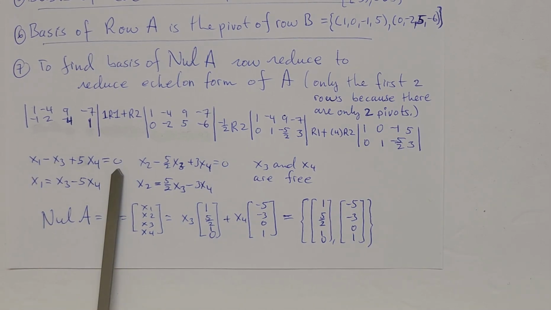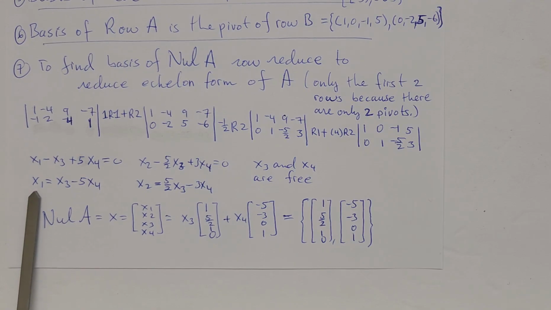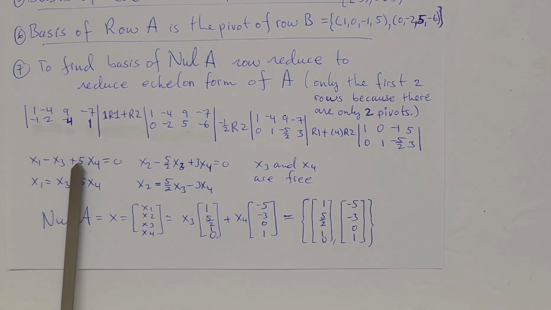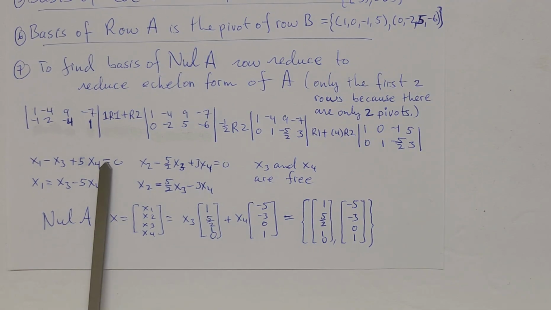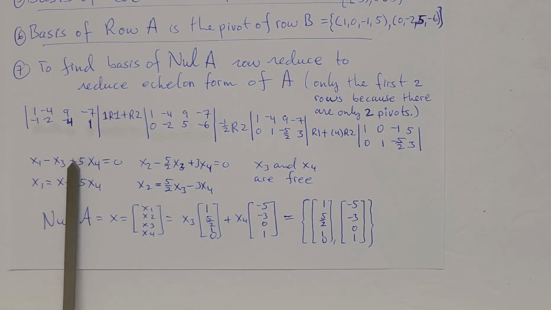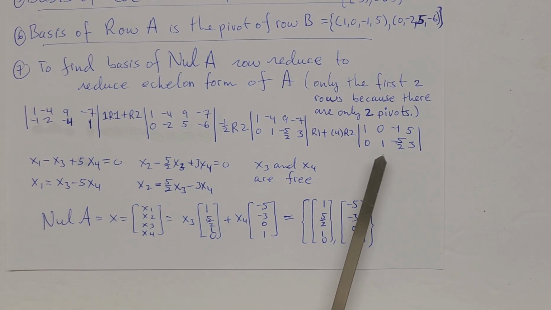Then solve for the first term: the negative becomes positive and the positive 5 becomes negative, so bring them to the right-hand side. Negative becomes positive, positive becomes negative. Do it again for the second pivot.